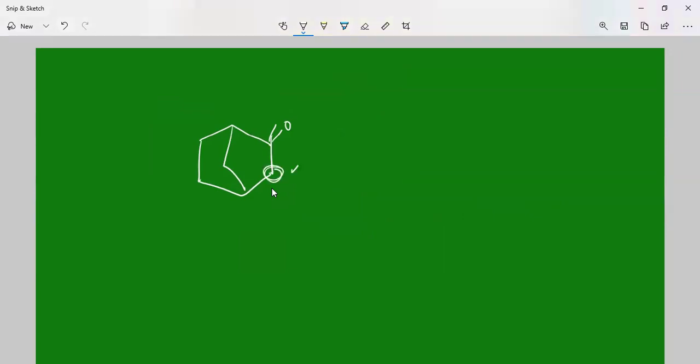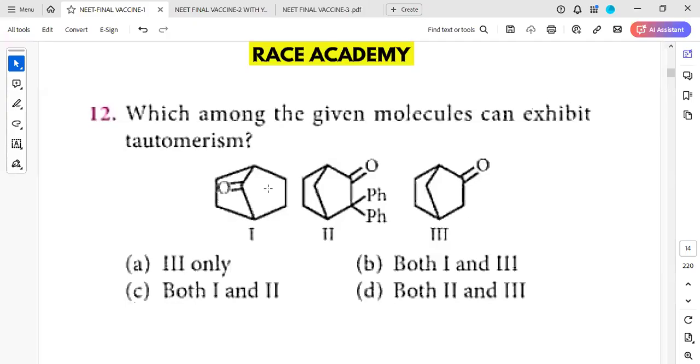Because of that, automatically you can write the tautomeric structure of this compound by shifting the double bond like this. So this is possible. That's why the correct answer for this one is Roman number 3.